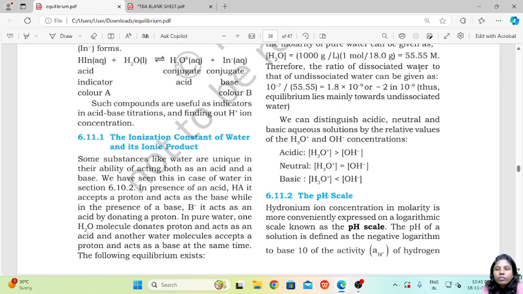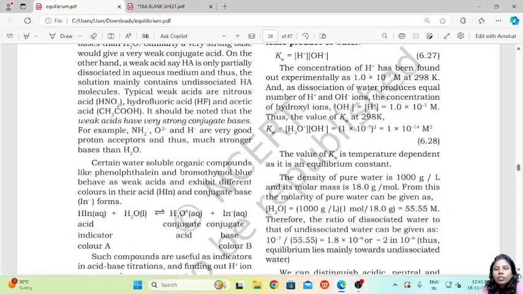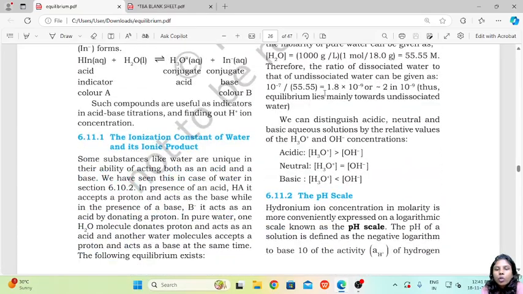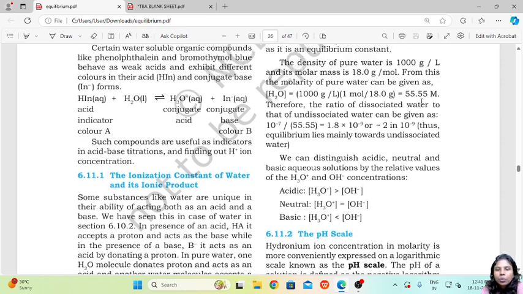Therefore, the ratio of dissociated water to undissociated water can be given by taking the ratio of the equilibrium constant to 55.55. That comes to around 1.8 × 10^-9, approximately 2 × 10^-9. Thus, the equilibrium lies mainly towards the undissociated water.